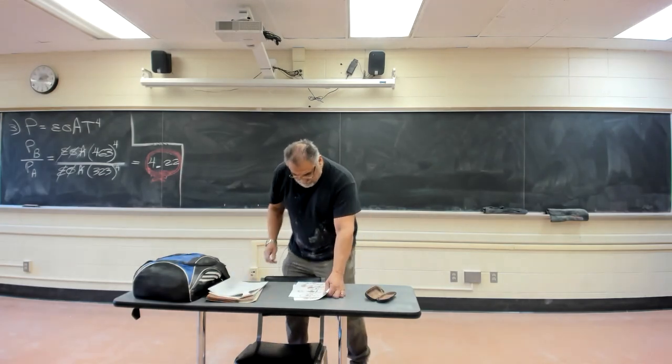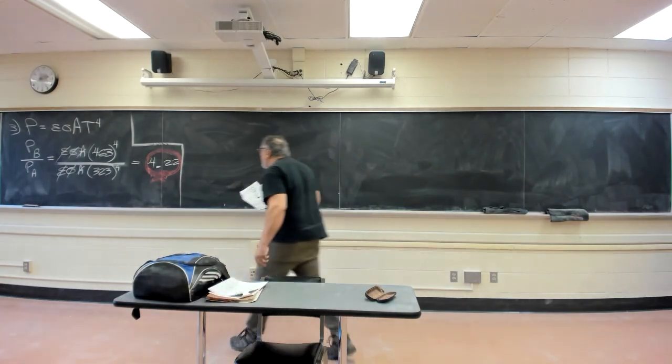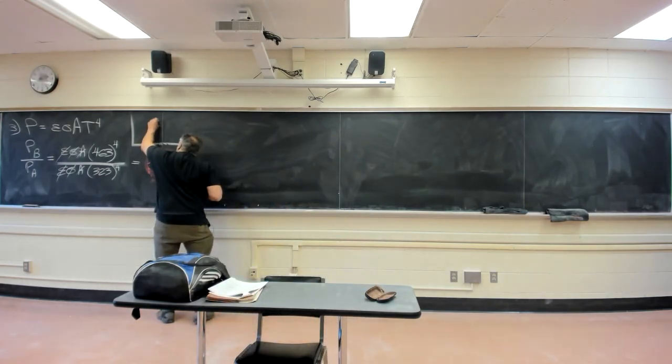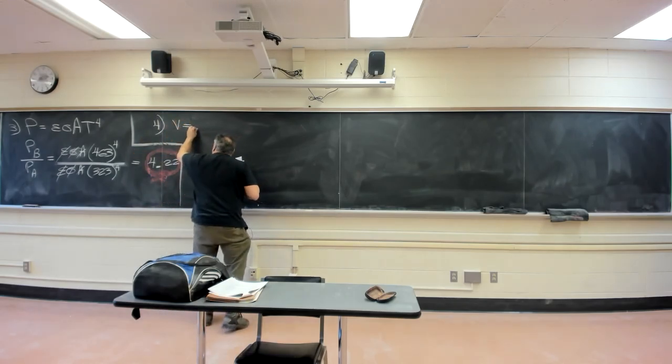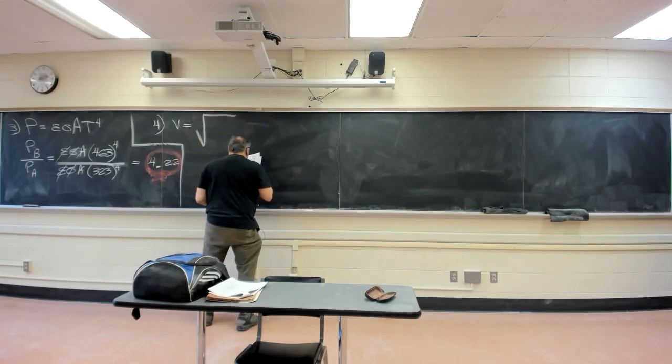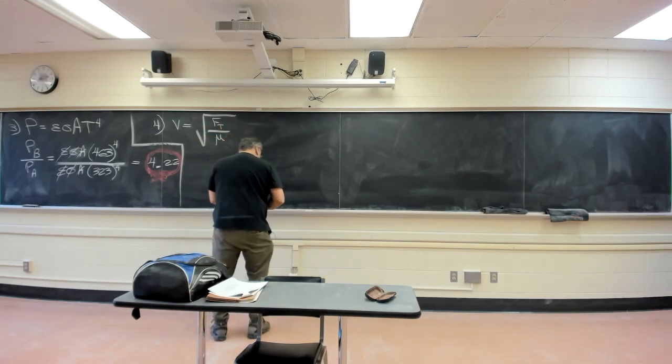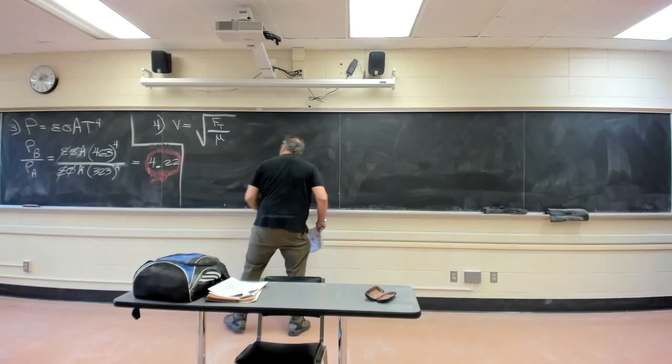How does that work? Well, V equals the square root of the force tension in the string divided by the linear mass density of the string.